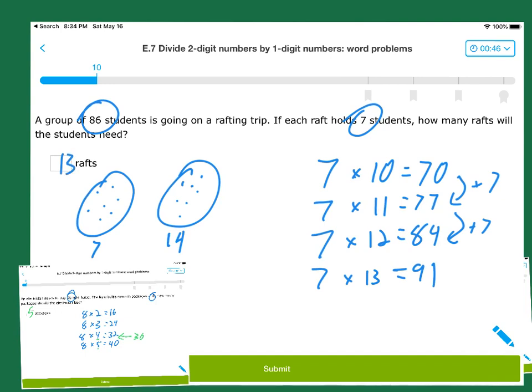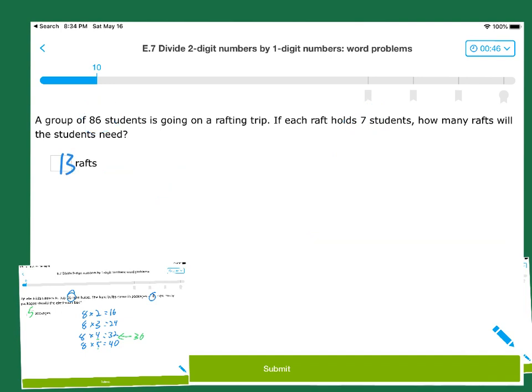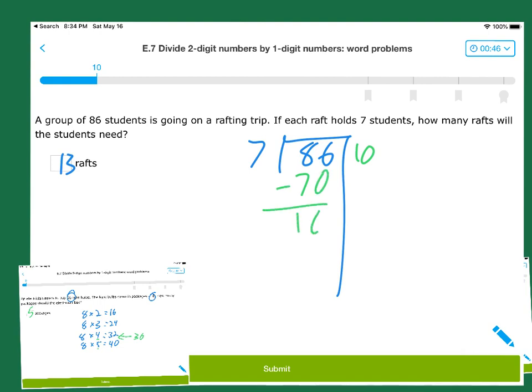Now, you could have also easily done this the way that we did in class with partial products division. And I know that 7 times 10 would give me 70. I'd get 16. 7 times 2 would give me 14.